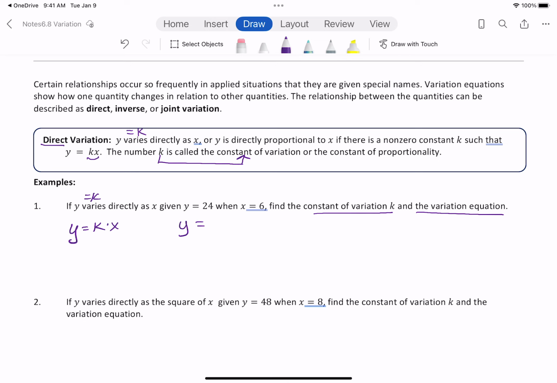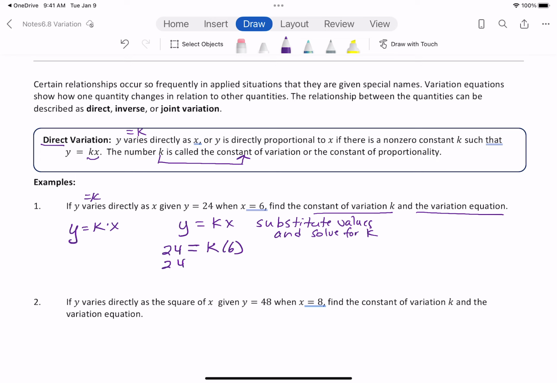So given this y equals kx, if I know y is 24 when x is 6, we can substitute these values and solve for k. So I'm going to substitute 24 in the place of y. We don't know k, that's what we're going to be solving for. And for x, I'm going to substitute 6.